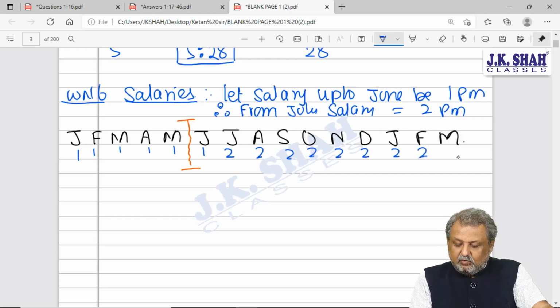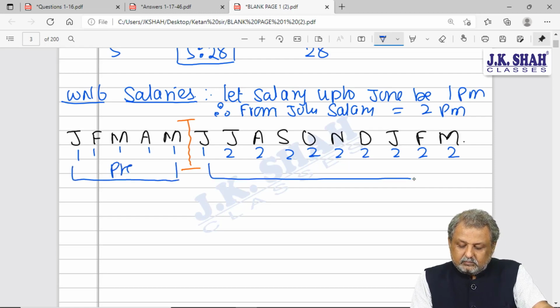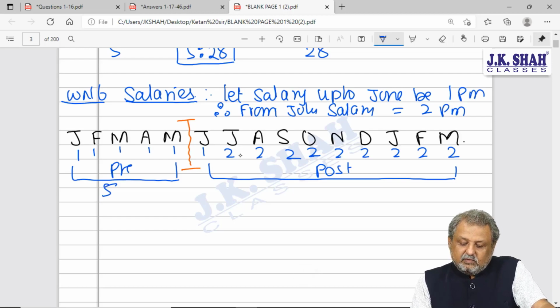Don't collect all 1s and 2s. Do pre-post. So this will be 5, and 1, 2, 3, 4, 5, 6, 7, 8, 9, to the 18 and 1, 19. So the ratio is 5:19.